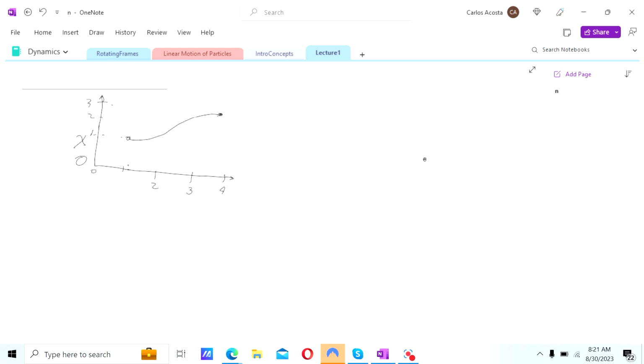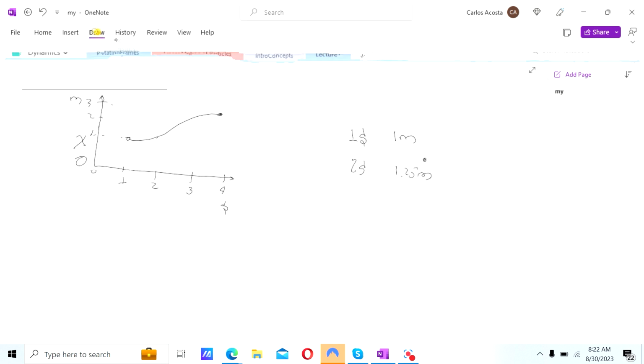So what that means is the first second, you traveled, this is in meters, this is in seconds. Could be milliseconds, could be nanoseconds. But let's say in 1 second you traveled 1 meter. And in 2 seconds you only traveled 1.25 meters, let's say.